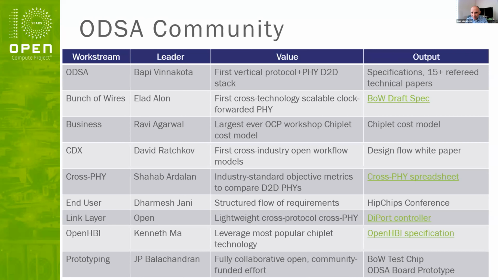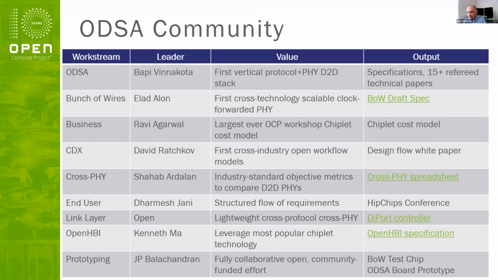What really is our serious strength is our community. We have an incredible collection of workstream leaders who have produced some fairly significant output that has in pretty rapid time become an industry standard. Kenneth Ma led the effort to release the first specification produced by the ODSA.